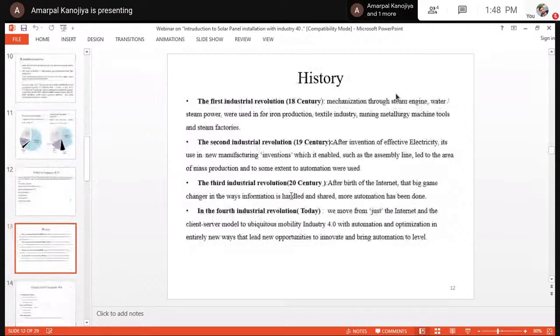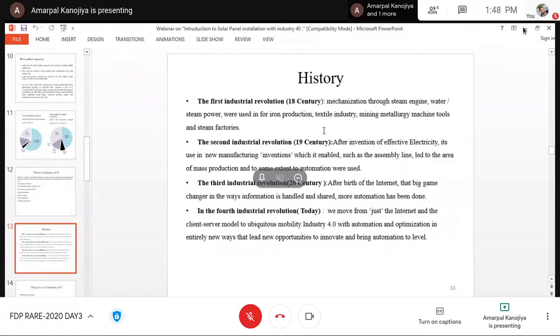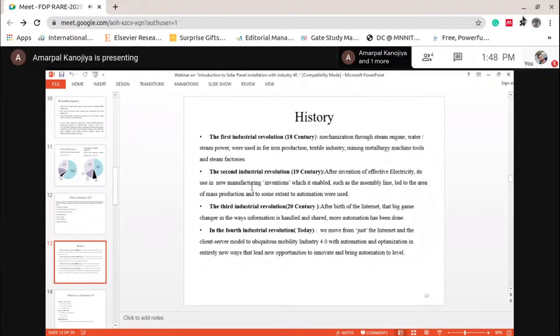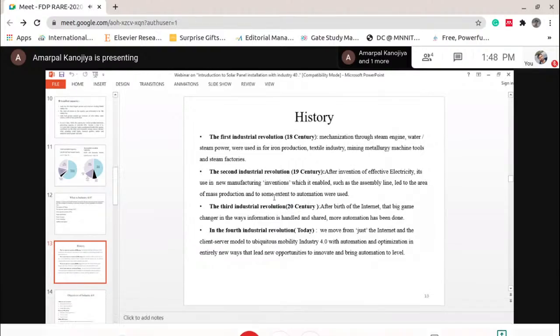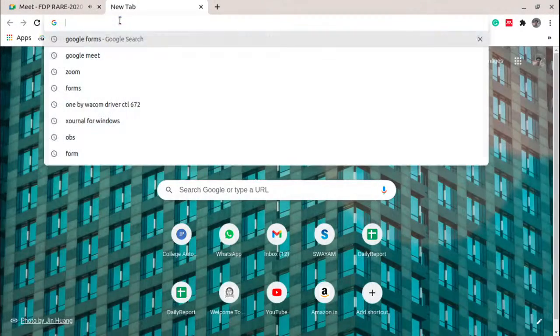Now, if we see the history of Industry 4.0, the first industrial revolution was approximately in the 18th century, which was mechanization through the steam engine; water and steam were used for iron production, the textile industry, and so on. The second industrial revolution took place in the early 19th century.